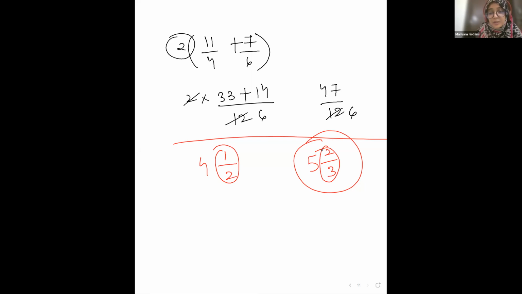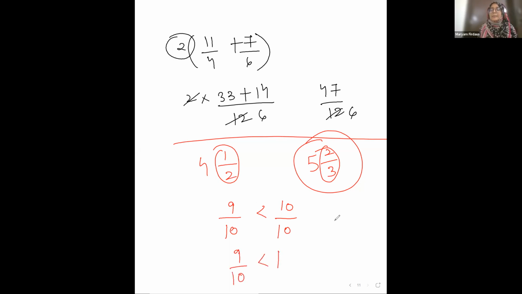These are proper fractions. A proper fraction, its value is less than 1. How do we know that? Let's say you have something which is 9 by 10. How is this less than 1? Because 9 by 10 is less than 10 by 10. Yes or no? And 10 by 10 is what? 1, right?